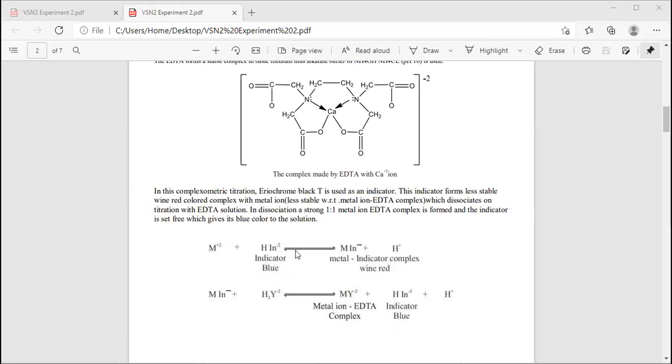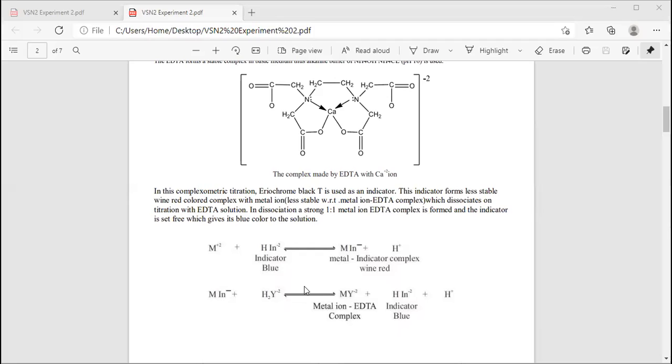So EDTA will react with your metal ion indicator complex, MIN. EDTA is powerful, so it will remove the indicator from the place and form complexes with the metal ion, called the metal ion EDTA complex. But the indicator is recovered during the titration.